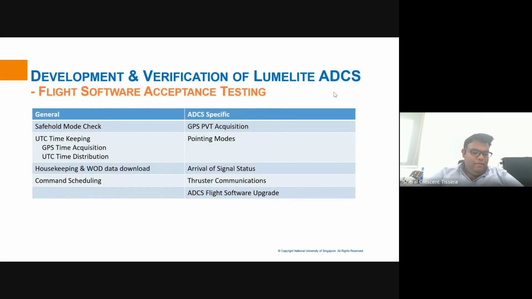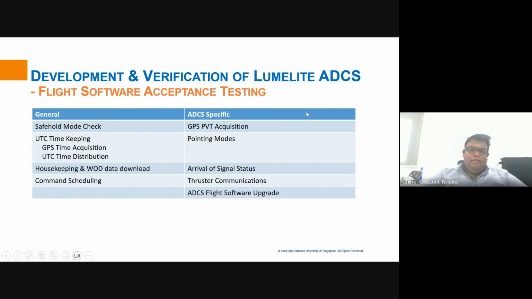Finally, we have the flight software acceptance testing, where we do general verification of UTC timekeeping and distribution throughout the satellite, housekeeping and whole orbit data download, and also scheduling of necessary missions on board the satellite that is of importance to ADCS.